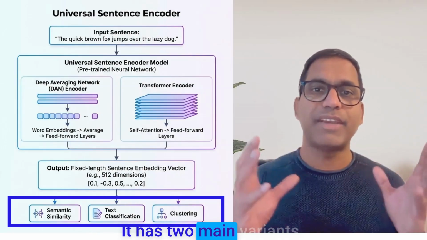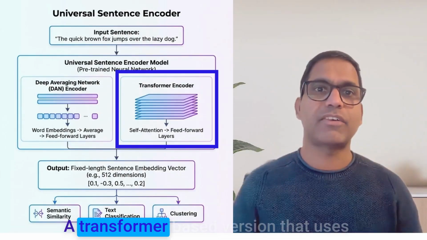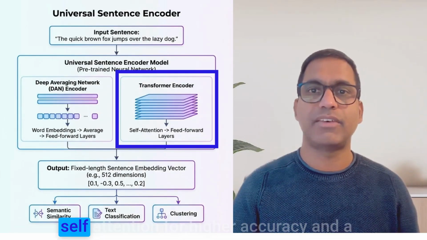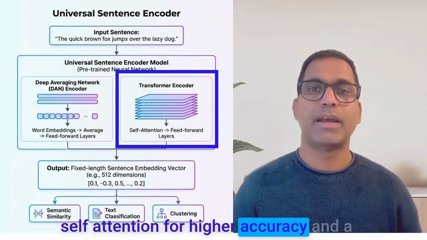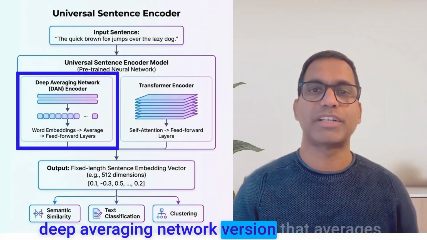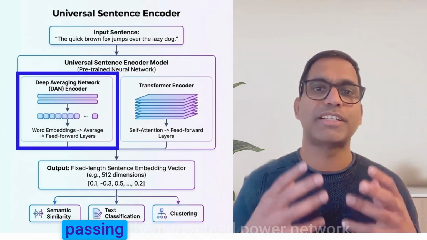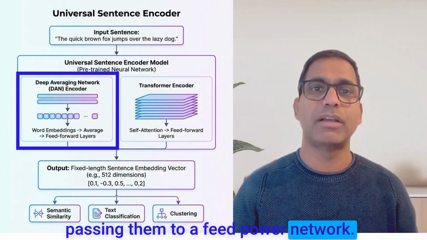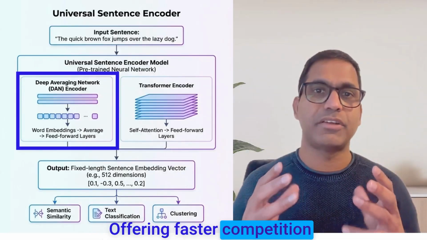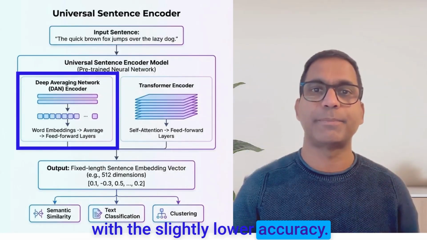It has two main variants: a transformer based version that uses self attention for higher accuracy, and a deep averaging network version that averages word and bigram embeddings before passing them to a feed forward network, offering faster computation with slightly lower accuracy.